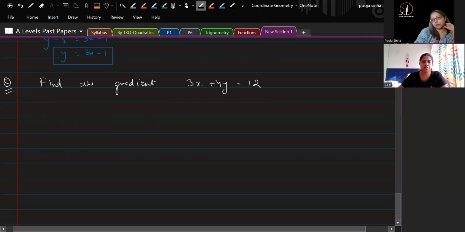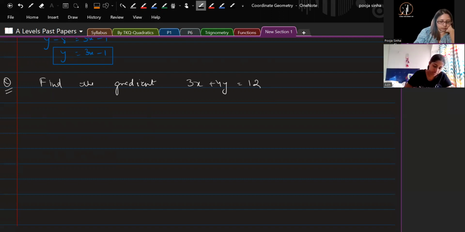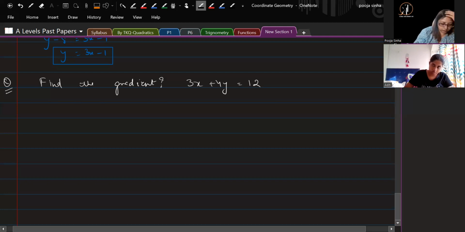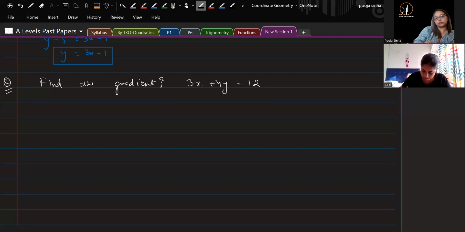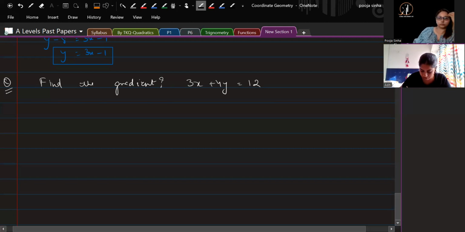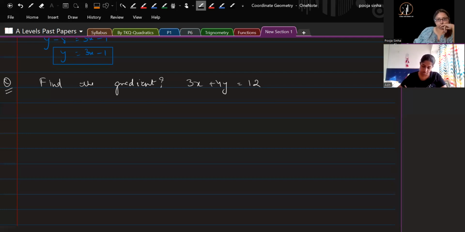Okay, 3x plus 4y is equal to, give me a moment. Will the gradient be minus 3 by 4?